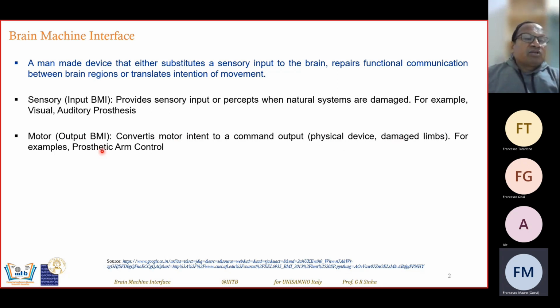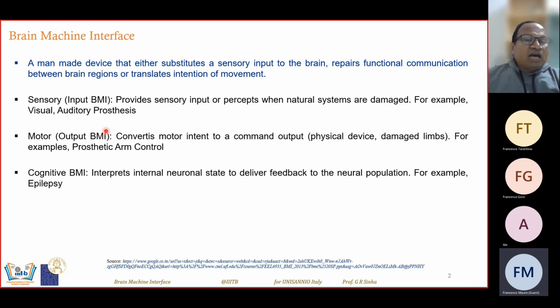For example, prosthetic arm control, where the person's own arms are not being controlled by the brain properly. The brain is giving the command to move something, but we are not able to sense that, and we are not able to perform that task. In such cases, your machine, a kind of artificial limb, can perform the work and can help persons in leading a normal life with the help of BMI.